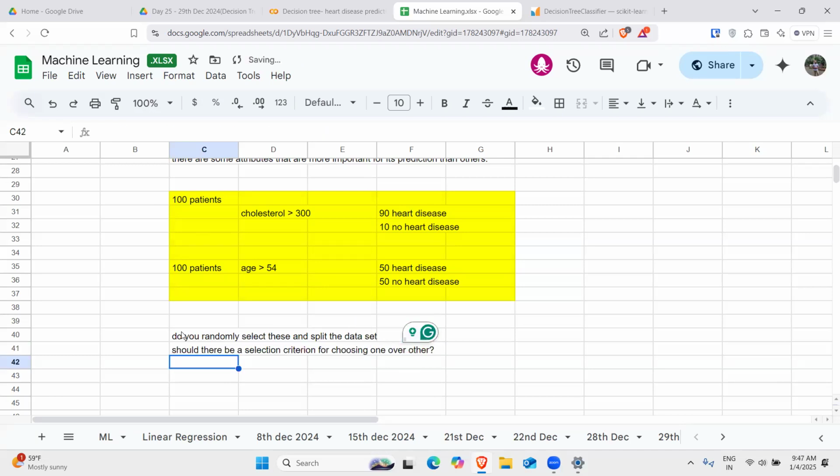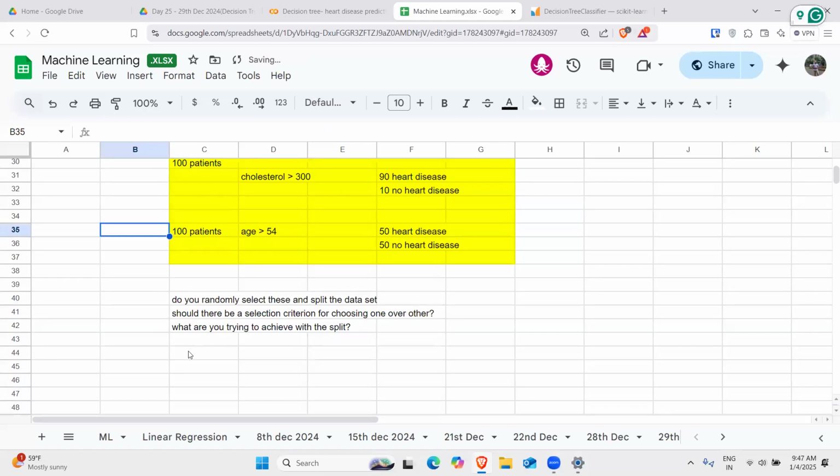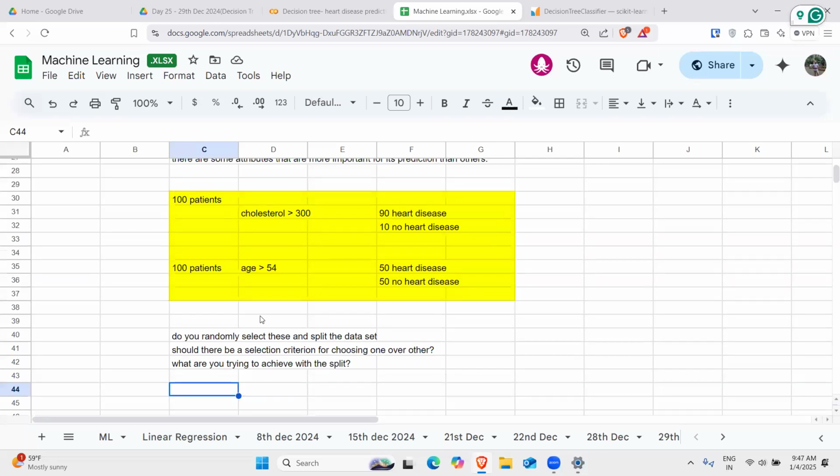And what are you trying to achieve with the split? All these questions will be covered in the following session, and you will learn about the various algorithms and criteria that are involved in the construction of a decision tree, right? Okay.